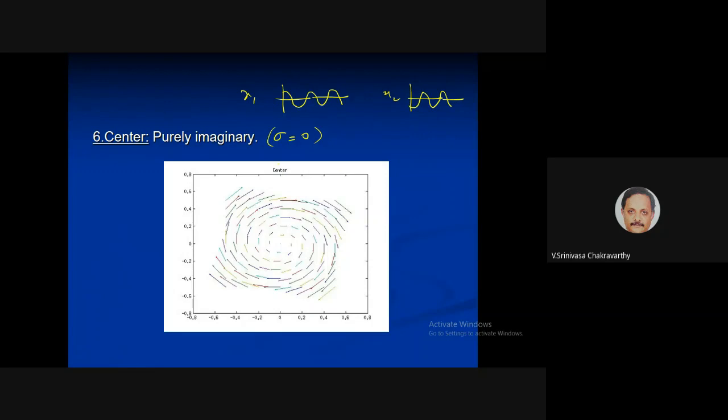If you plot one against the other, you get a circle. Very interesting behavior. If I start from the origin, I'll stay there. But if I start from anywhere around it, I just go in a circle around the origin.